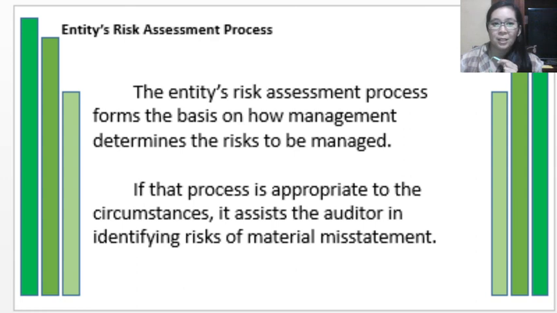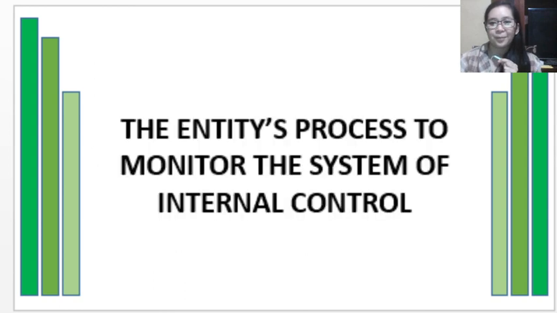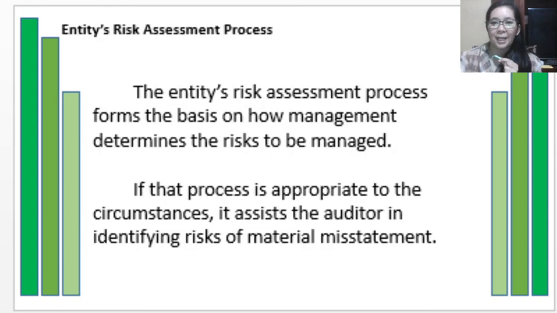If that process is appropriate to the circumstances, then it will assist the auditor also in identifying the risk of material misstatement. So this is how important risk assessment procedure is in an internal control system. It not only benefits the entity but also the auditor later on. So that is for the entity's risk assessment process.